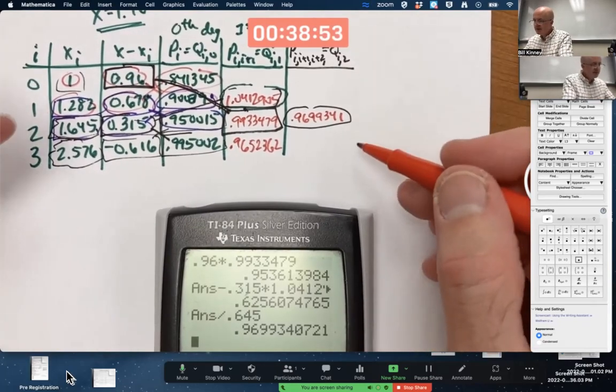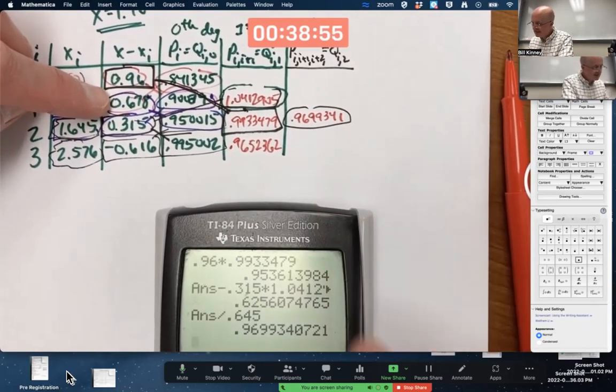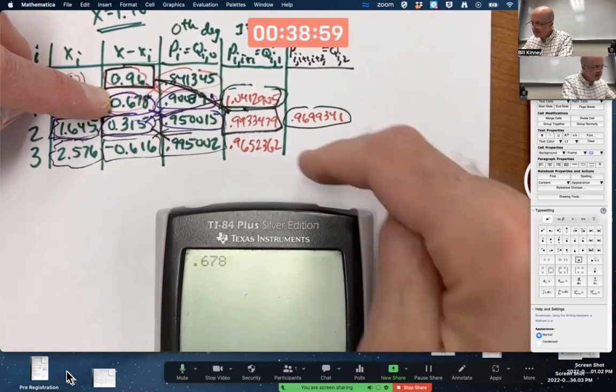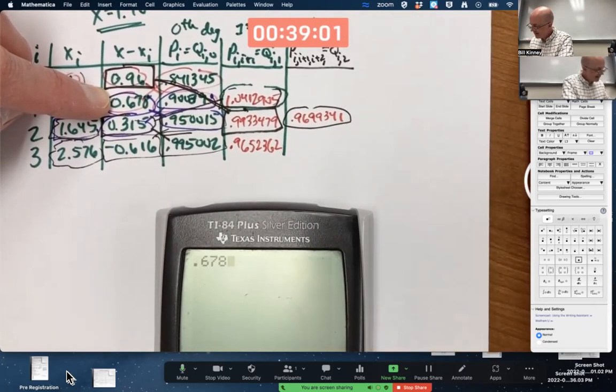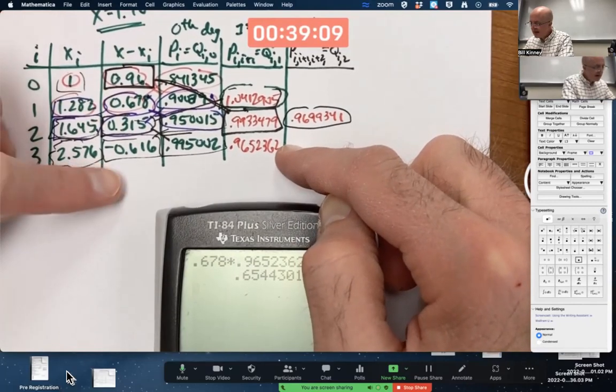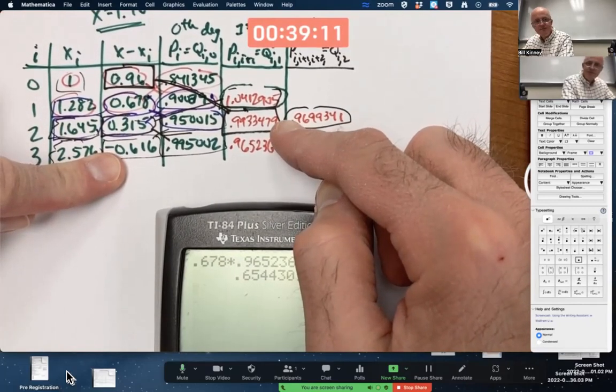We copy and paste that formula downwards, so we need to use 0.678 now times this number, 0.9652362. Product of those two minus the product of these two.